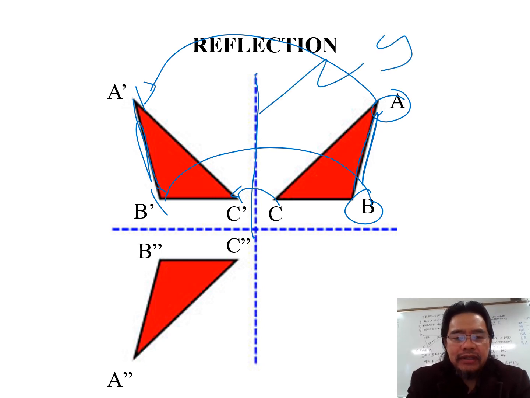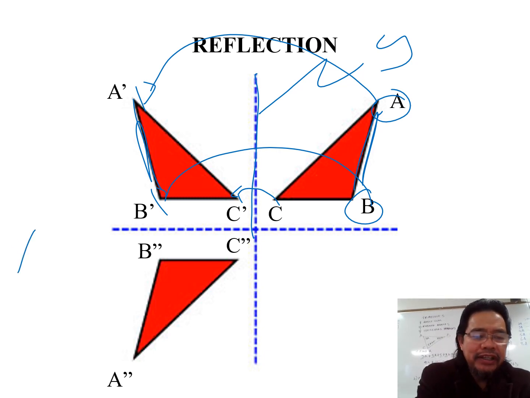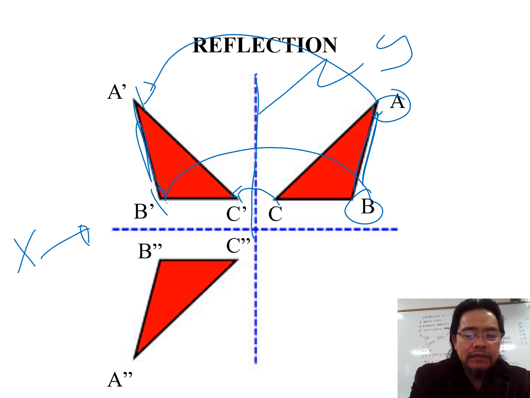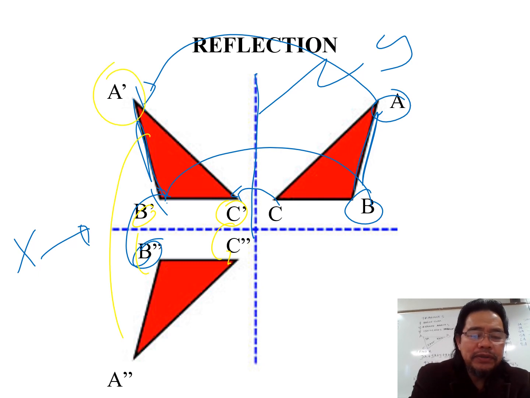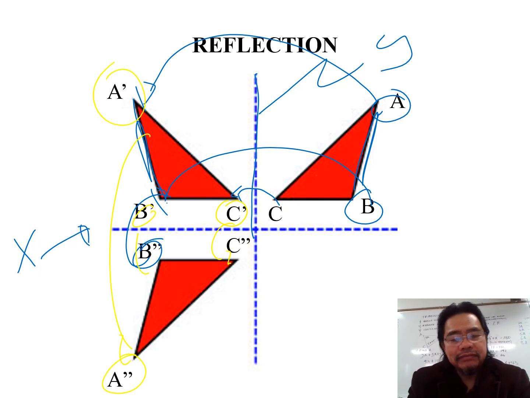Now that is the reflection line over the y-axis. Then let's make another reflection line here over the x-axis. So the B here flips over to another B here. Okay? So the C flips over to another C, and the A flips over to another A, or A double prime.